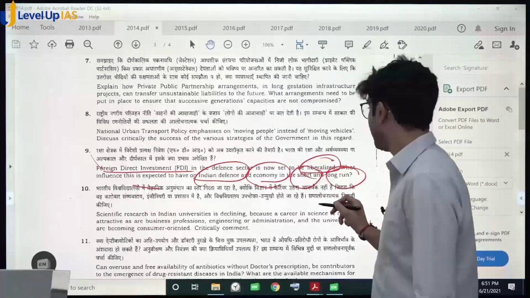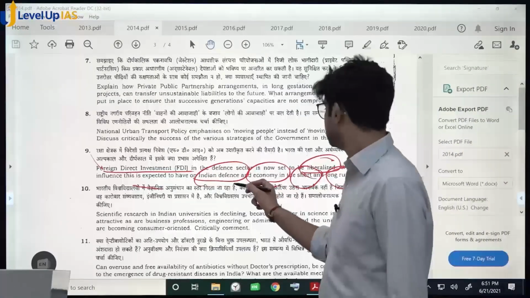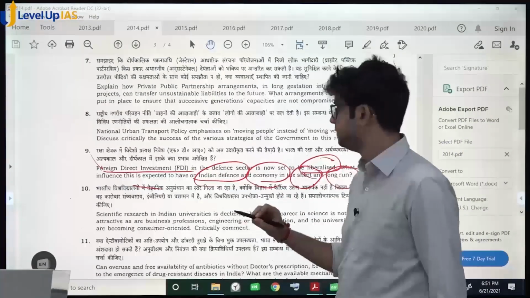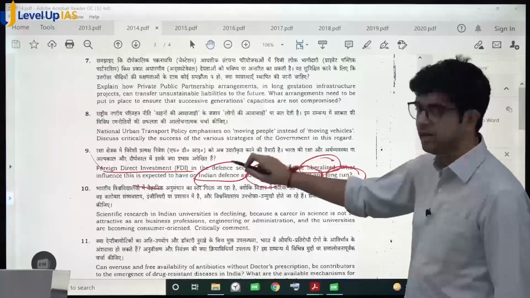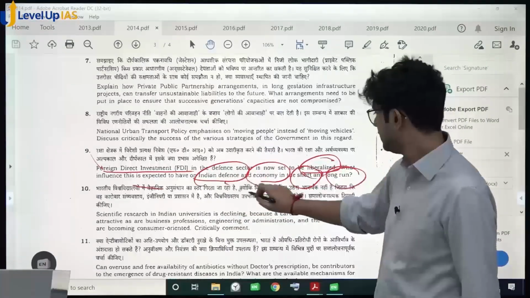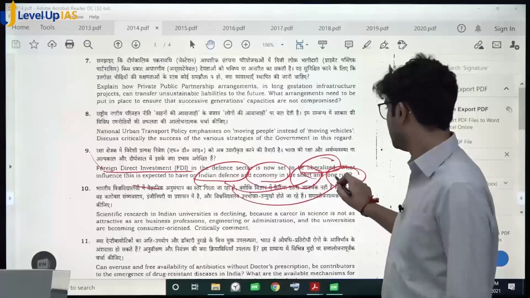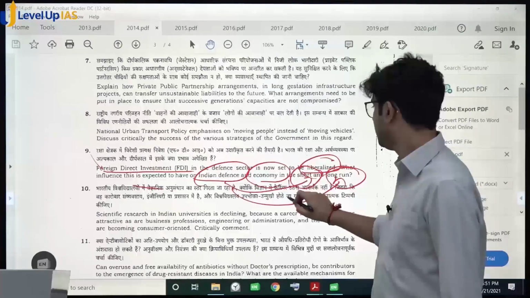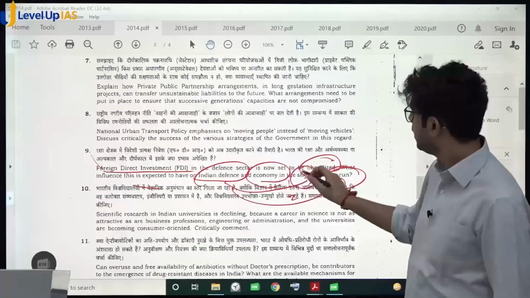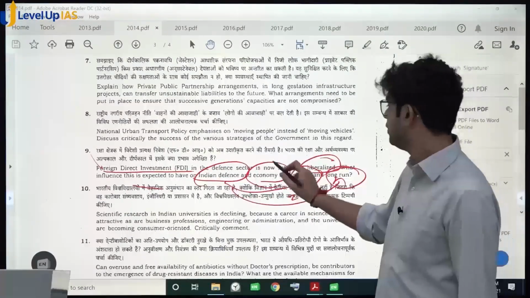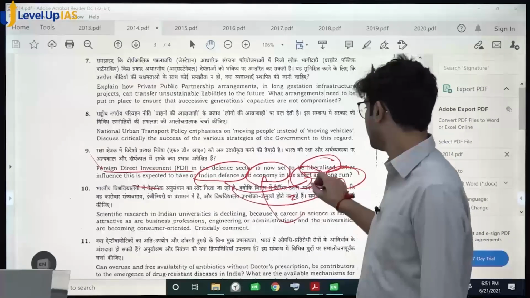The point I am trying to tell you here is that there are 4 parts to this question. Impact of liberalized FDI on Indian defense in the short and long run, and impact of liberalized FDI on the economy in the short and long run.